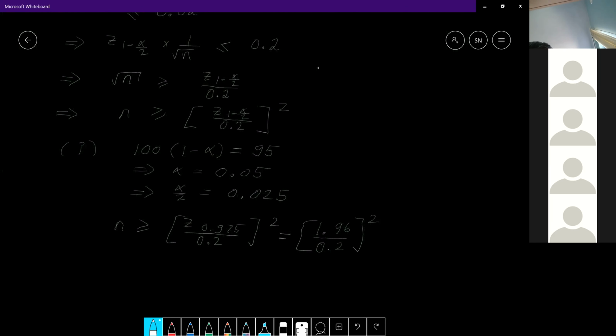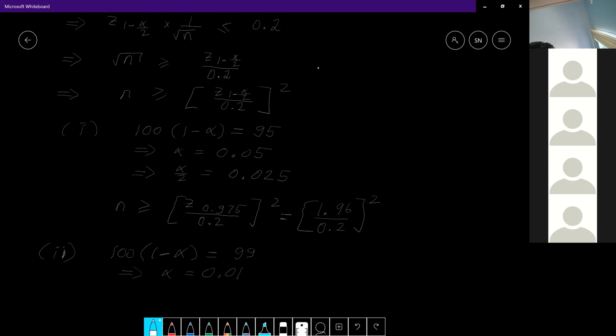Now part two of the same question is you want the percentage to be equal to 99. In other words, 100 times (1 minus alpha) is 99, which implies that alpha is 0.01, which implies that alpha by 2 is 0.005.